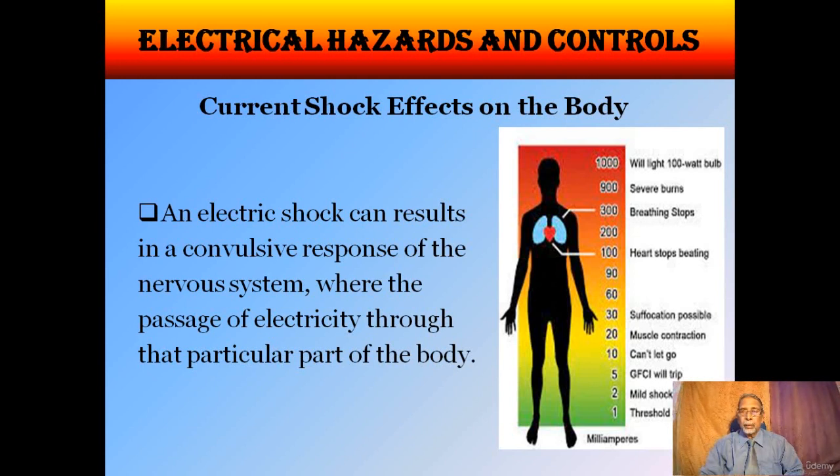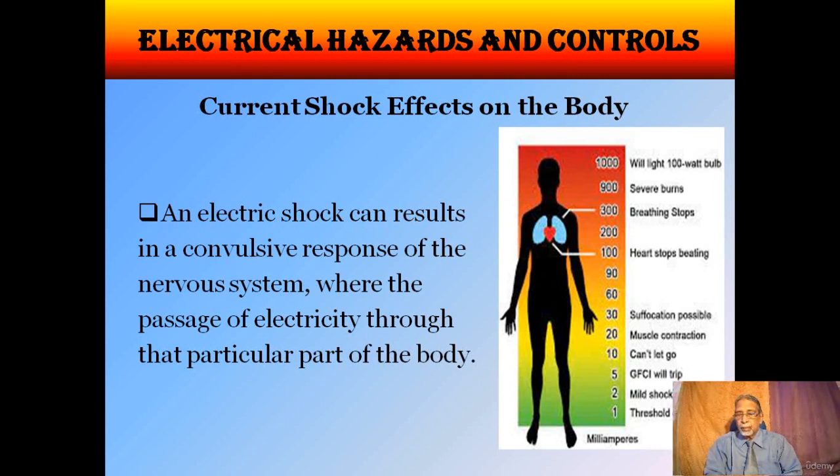We can see at the right side. If the current is 1 milliampere, there will be a threshold of sensation. When it goes up to 2, there will be a mild shock. When it goes up to 5, the GFCI will trip off and you will be saved.